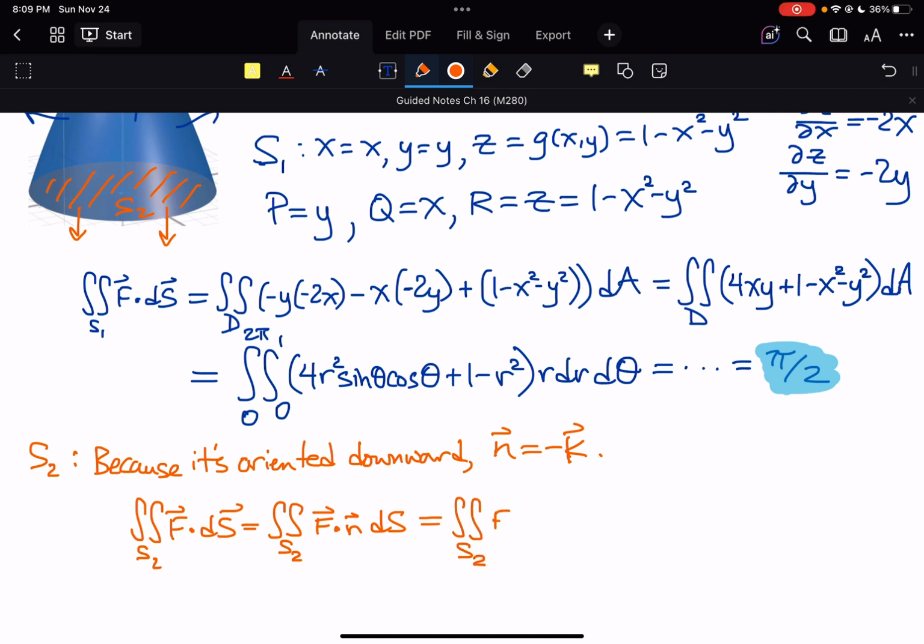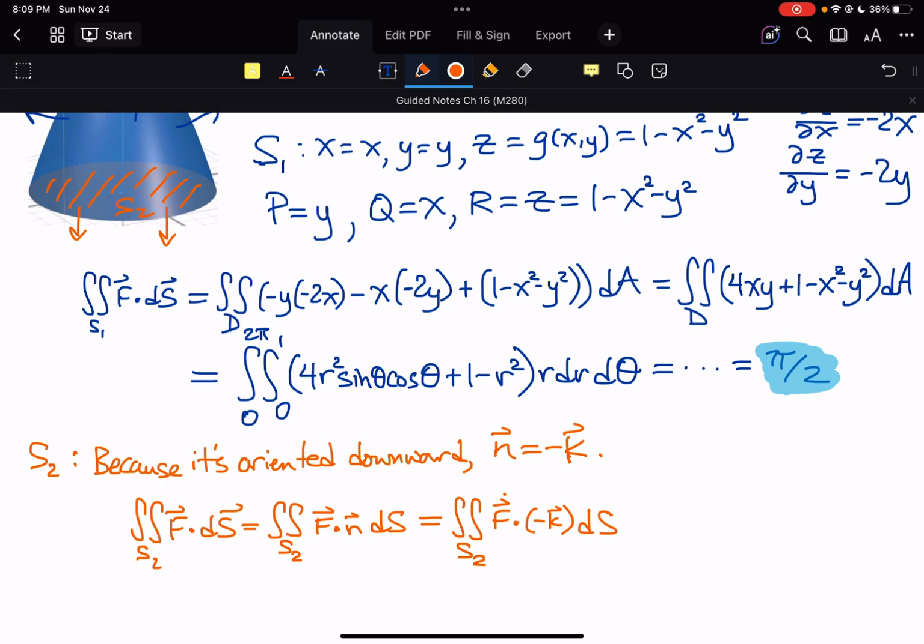In this case, that would be f dotted with negative k ds. If we dot the vector field with negative k, the i component will be nothing, times 0.